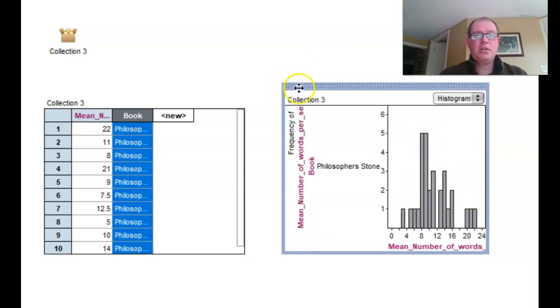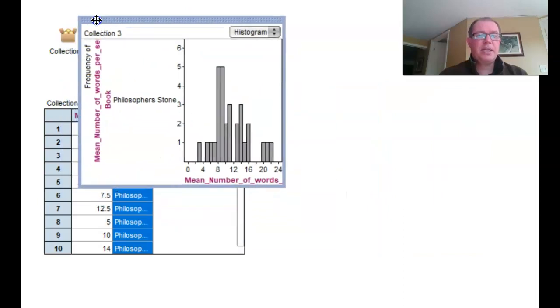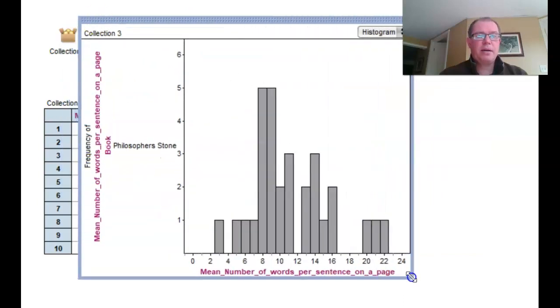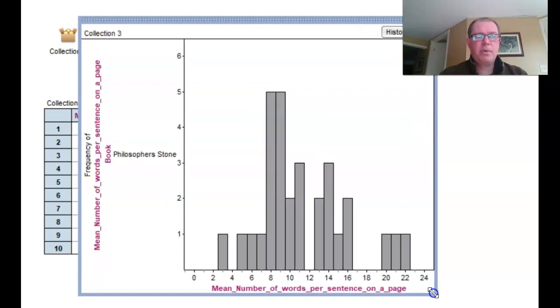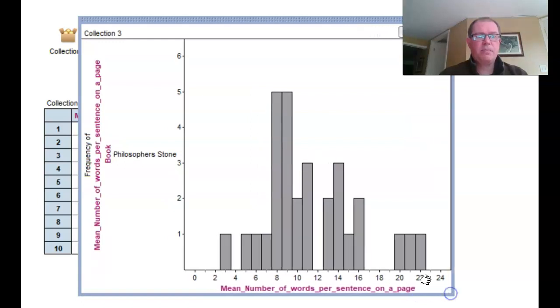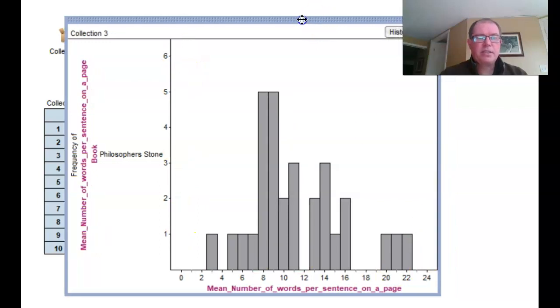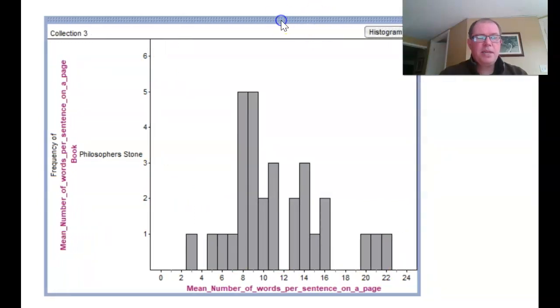The next thing to do is to make this nice and big, and you want it to be roughly a square shape. That's roughly a square, so that's quite nice. So I'm going to copy this now into my Word document.